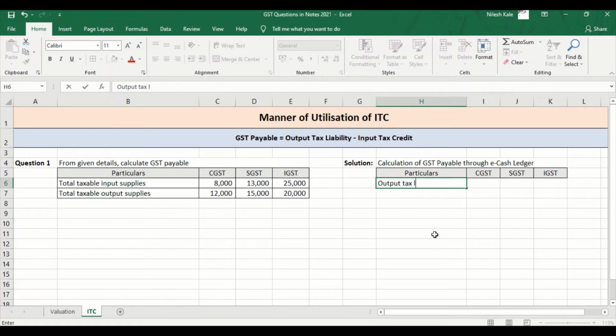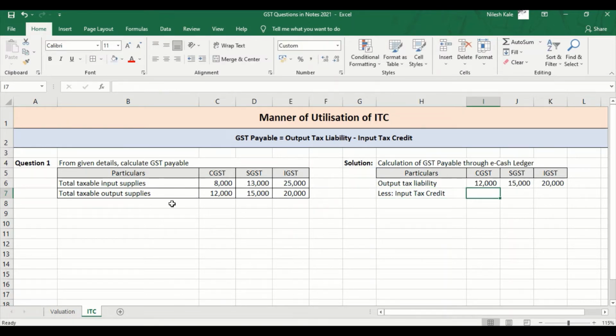What is my output tax liability? 12,000, 15,000 and 20,000, so I will write that here. And I have written output tax liability. Now I have to deduct input tax credit.